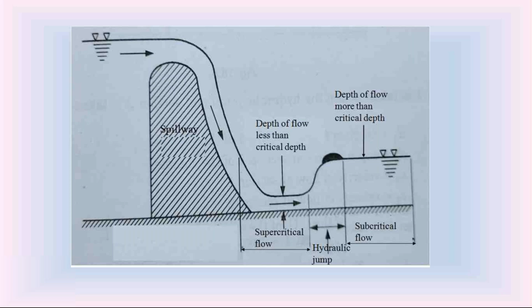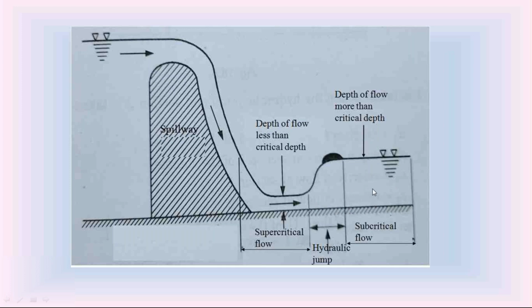So in this diagram, just at the bottom of the spillway, for a certain portion, the water is flowing as supercritical flow with large velocity, having high energy. Once the velocity is large, the water flow has a large amount of kinetic energy because of higher velocity. But after a certain distance, the flow becomes subcritical because the depth of flow is more than the critical depth.